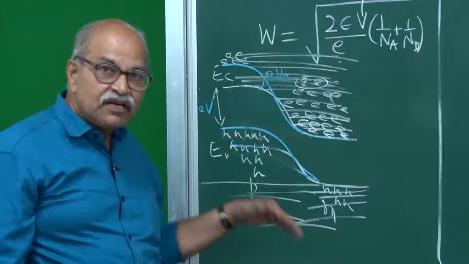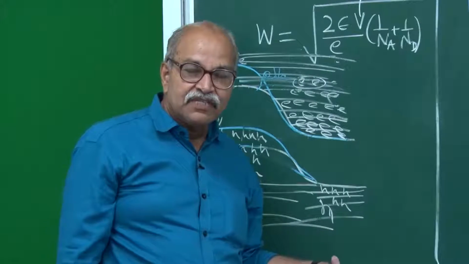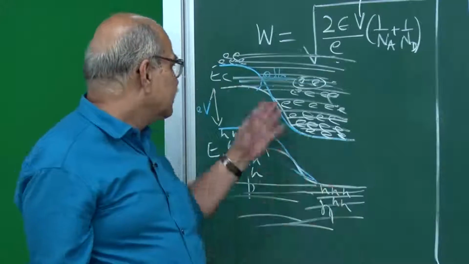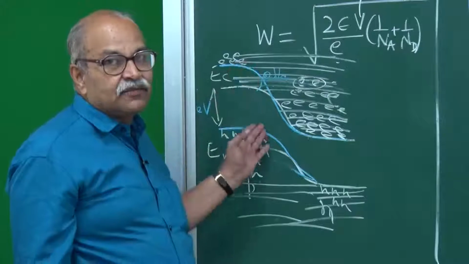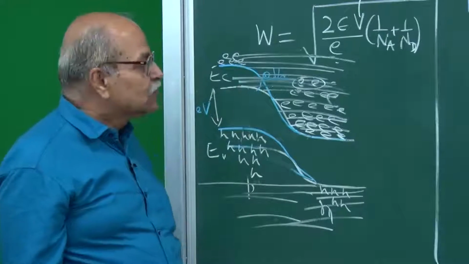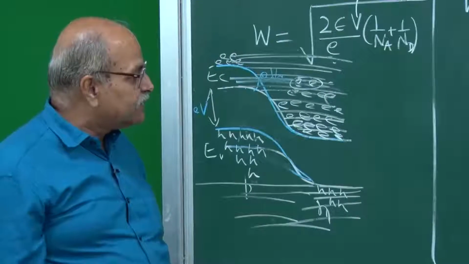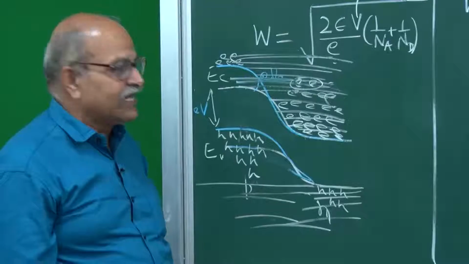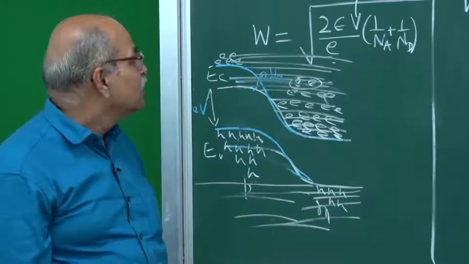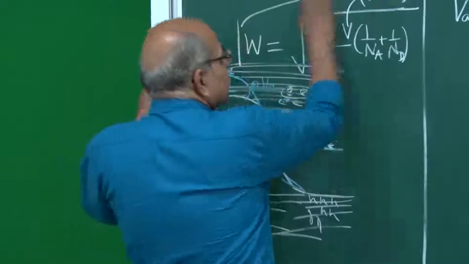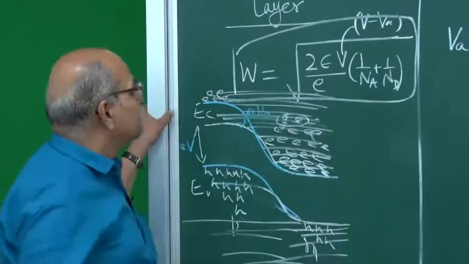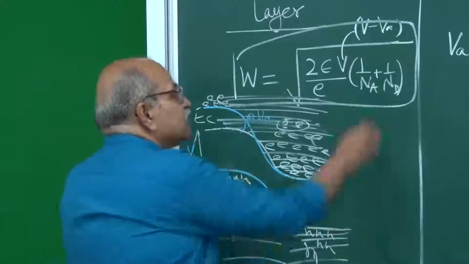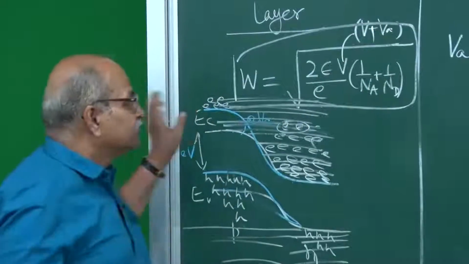Hence, in reverse bias, the drift is not affected by this increase in barrier. So, you will have the drift current essentially same. Why essentially? Once again look at this equation. For reverse bias, this will become V plus VA.